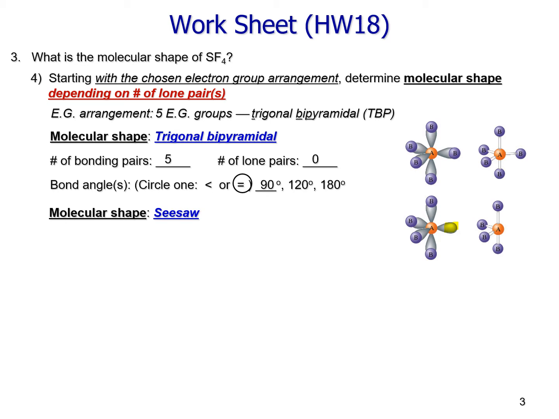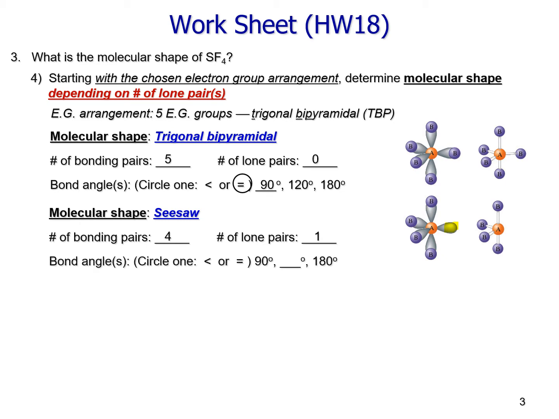If we pretend we cannot see it, as a matter of fact we cannot detect it, so we cover it up, the molecular shape will be seesaw. The number of bonding pairs will be 4, lone pair 1. And that lone pair occupied the equatorial position as we already discussed before.